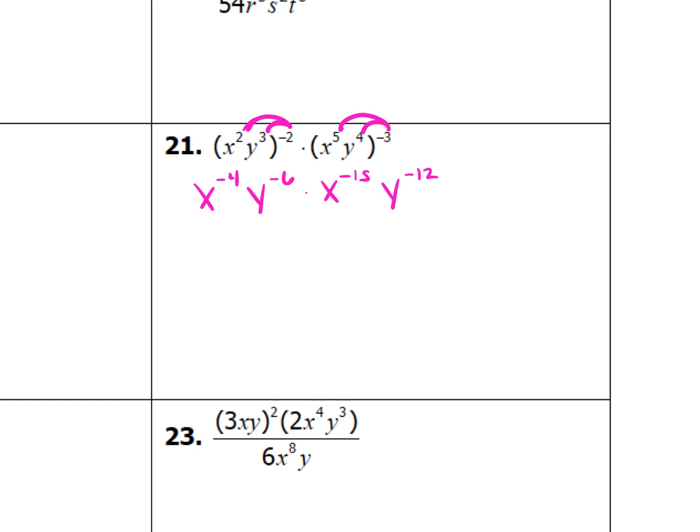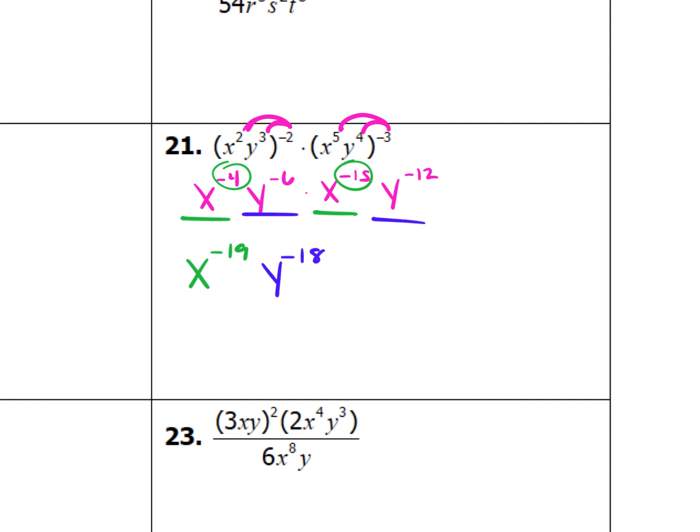So you're here. Now you have numbers that have the same base. What do you do with their exponents? You add them. So x to the -19th, and then add these, y to the -18th. Are you done? No. Why not?